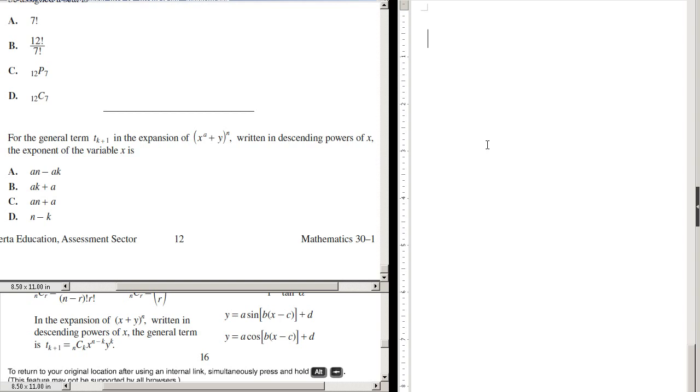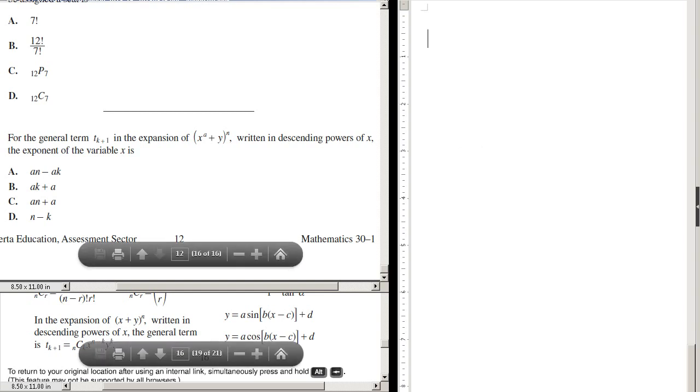Alright, so to solve this one, we'll look at our formula sheet to give us the general term of the expansion, and it's over here.